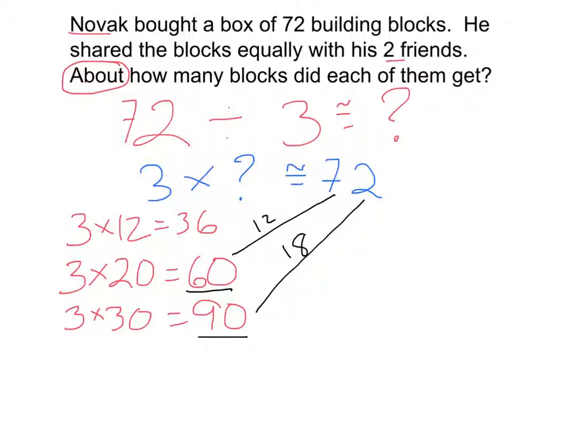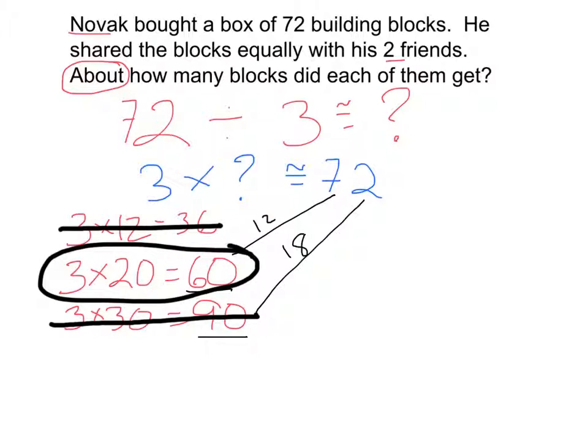So because we can figure out which is the closest, we know which one we want to use. We do not want to use 3 times 12 equals 36 because that's too far away. The difference is too big. We don't want to use 3 times 30 equals 90 because 3 times 20 equals 60 is closer.